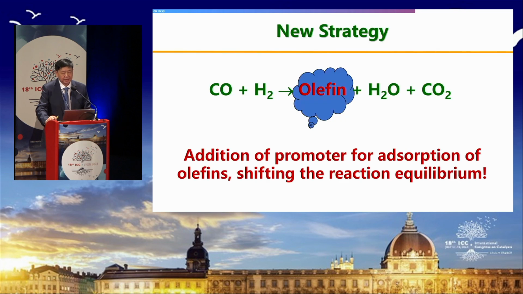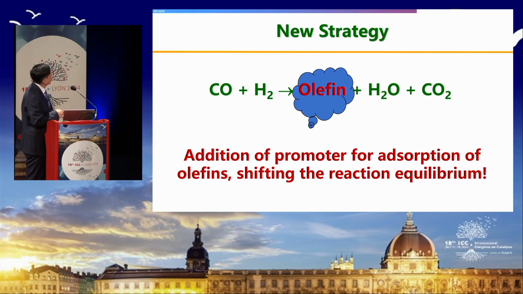So we try to find a new way. For this reaction, CO with hydrogen gives the olefin, water and carbon dioxide. Our idea is the addition of a promoter for absorption of olefin. If we remove the olefin product, we are shifting the reaction balance.